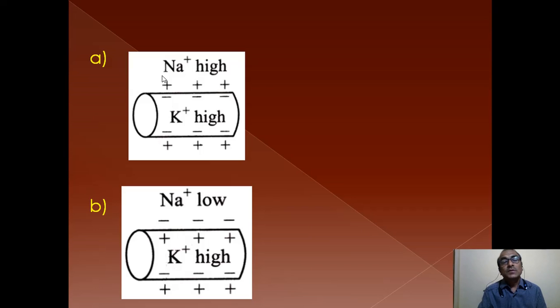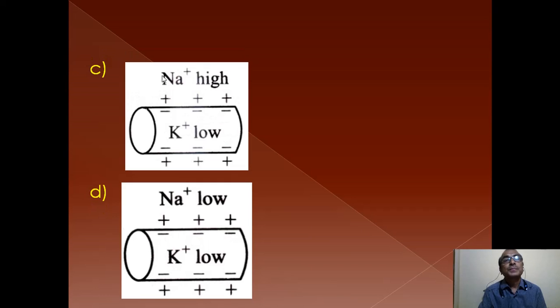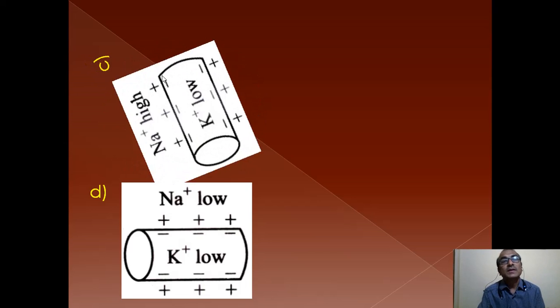Then the sodium ions outside but negative is shown, that's also wrong. Then sodium high outside, so the positively charged potential we see outside, inside negatively charged, that is correct, and low potassium ions inside. So C will be the right answer.